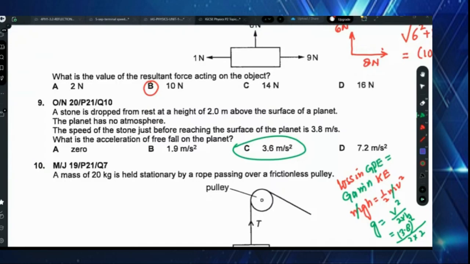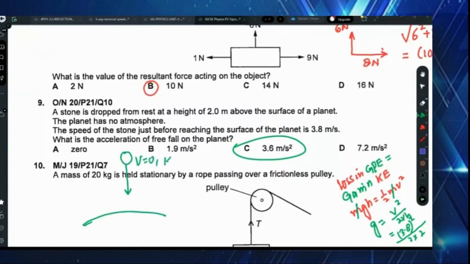Sir, where did the loss in GPE and gain in kinetic energy come from? Actually, this question will not be solved by the ordinary technique of forces. Remember one thing: when you drop the object, its speed is 0.